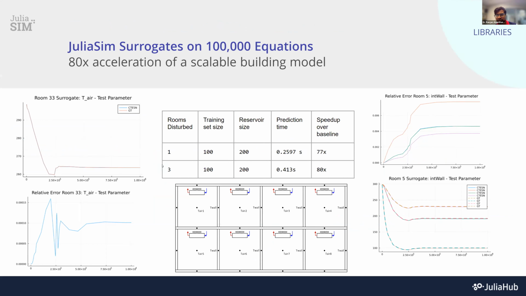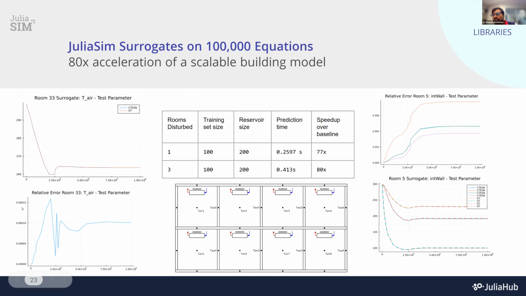But just to give you a sense of what this kind of framework and technique can do, for a really large building simulation, some sort of thermohydraulic building simulation, you're able to generate a surrogate model which is up to 80x faster. The key is not the 80x faster, but how accurate it is.